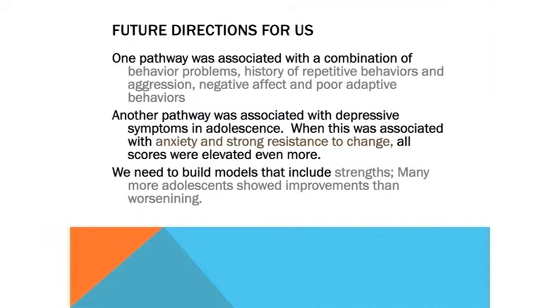And I think the point here is, if you have a child with a lot of repetitive behaviors, a lot of aggression, negative affect, and poor adaptive behavior, which may mean not toilet trained, may mean not feeding themselves, basic things, then we really want to get going. We don't want to just wait for this child to cheer up and have an easier time.